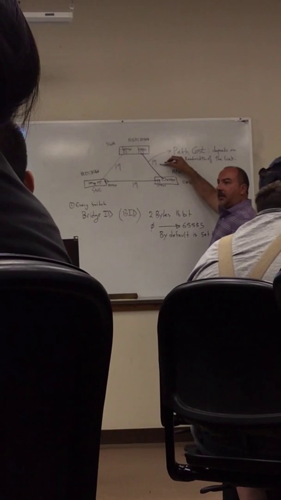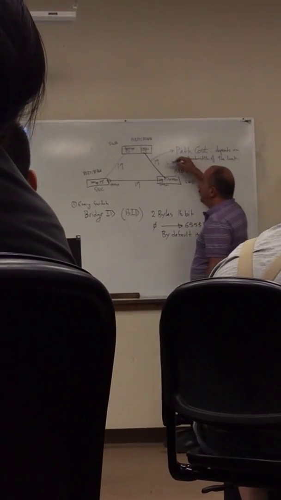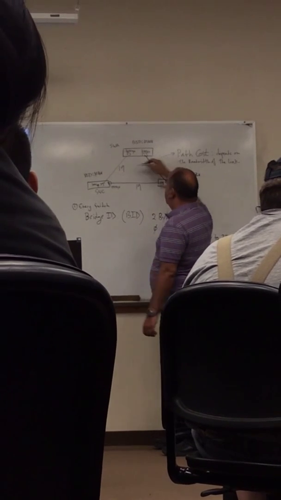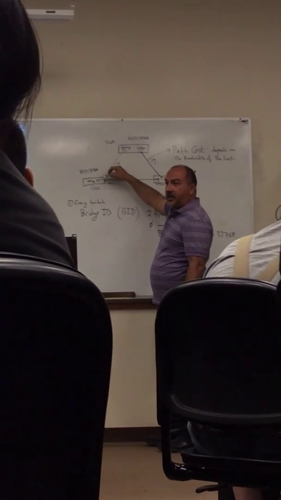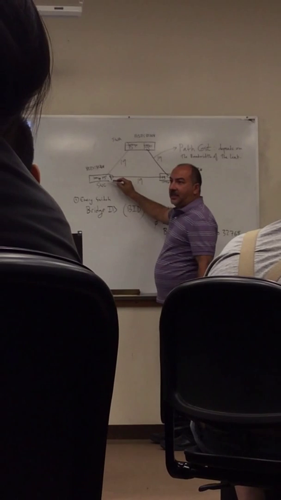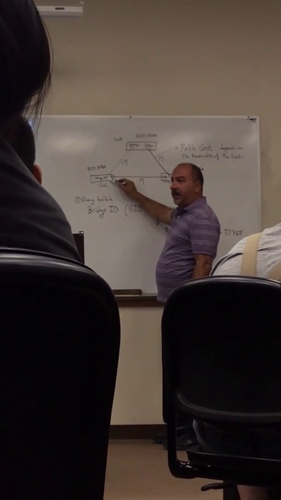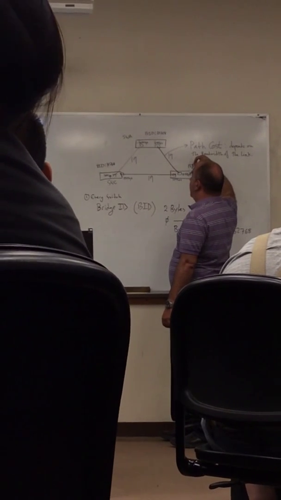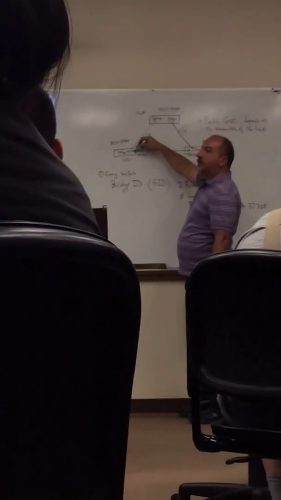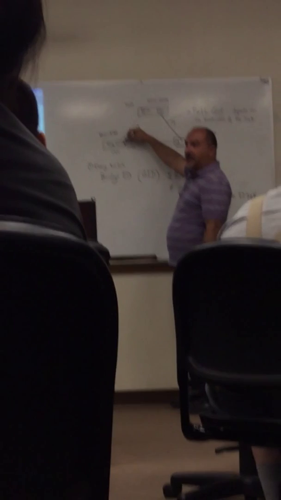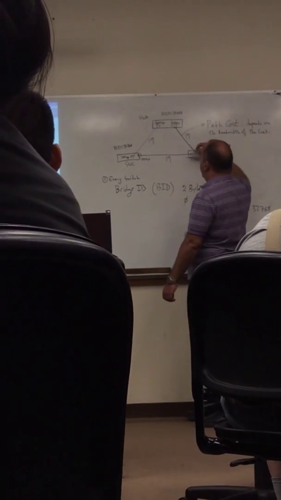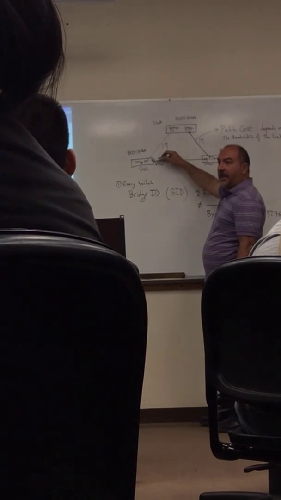It's 19. For switch B to go to switch C, okay, it's 19 plus 19, 38 this way, or 19 this way, okay? For switch A to go to switch B, the cost is 19. Switch A to go to switch C, the cost is 19. Also, switch A can go to switch C this way with a cost of what? 38.